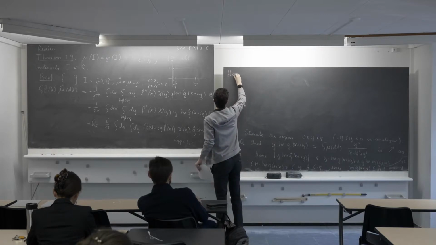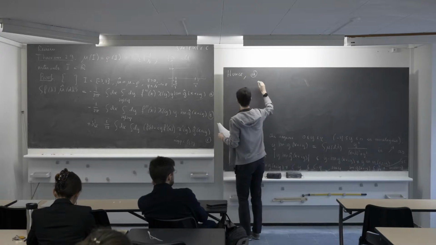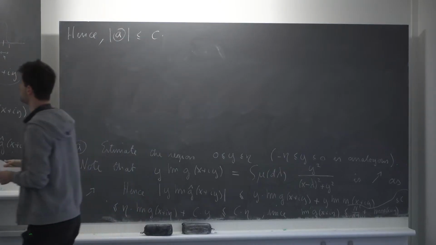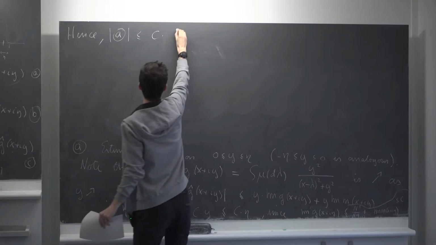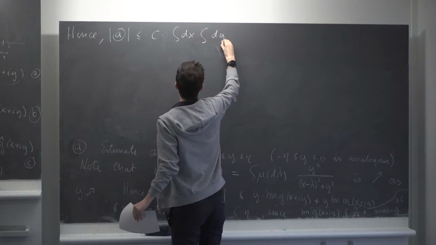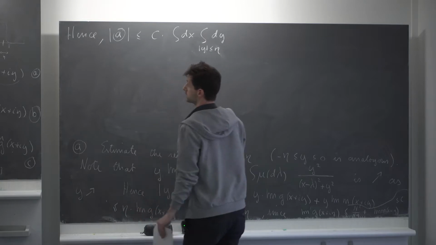So hence, A in absolute value is bounded by a constant. So what do we have? We have the integral over x dx, and then we have the integral over y less than or equal to eta.